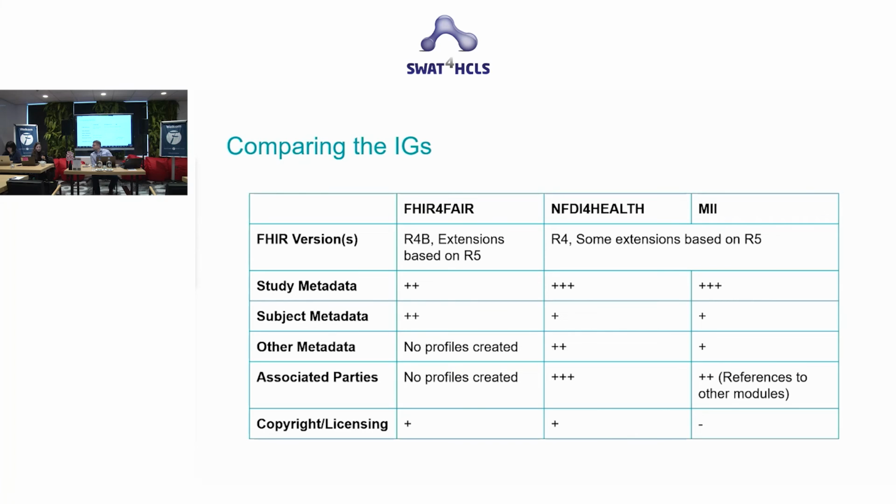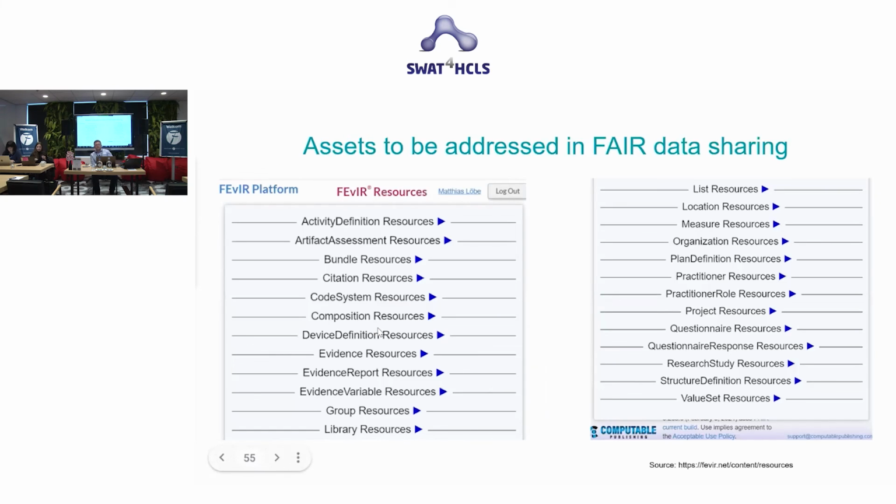Maybe you can switch to the one slide from the FHIR project of all the resources. We just stole this one from Brian, because I think this FHIR platform, I'm not sure if I pronounce it correctly, they are doing a lot of things in developing best practices for modeling such research artifacts, and any FHIR resource on their list is somehow relevant for research.